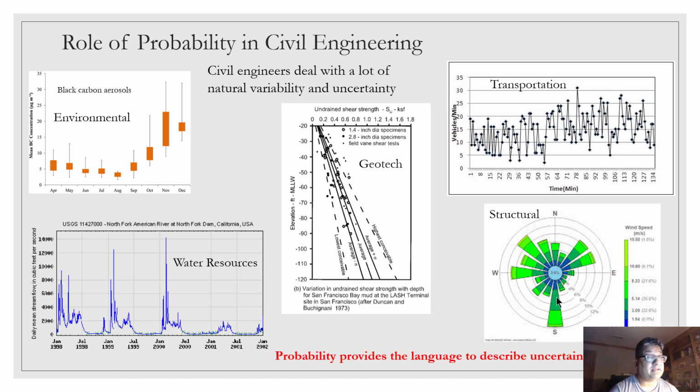So probability is really the fundamental language to describe uncertainty and variability, and getting a good sound understanding of probability is essential regardless of which discipline of civil engineering you're going to be studying, because there is uncertainty and variability in all that we do as civil engineers.